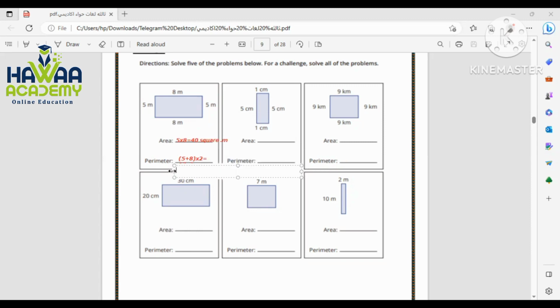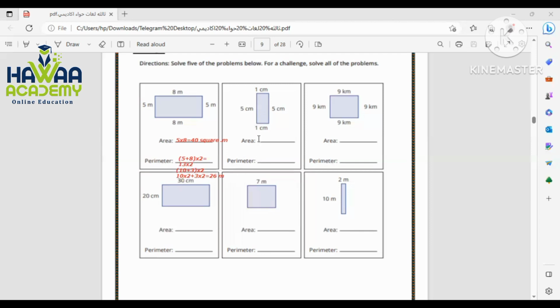10 plus 3 times 2. 10 times 2 plus 3 times 2. 10 times 2 equals 20. 20 plus 6 equals 26 meters.